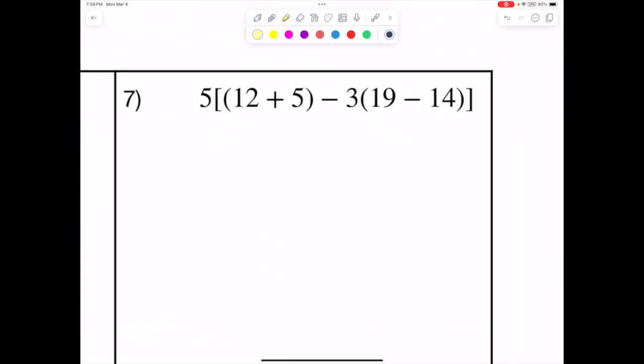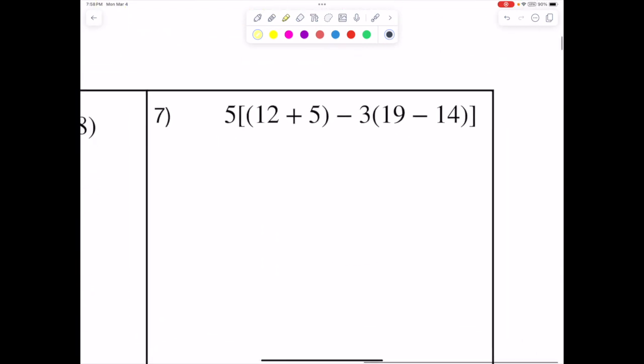All right, let's go ahead and take a look at number 7. We have lots of grouping here. Again, let's start off by writing the order of operations, which is GEMDAS. Okay, so is there any grouping to take care of? Absolutely. We have this grouping and this grouping that you can go ahead and take care of because they're separate. Okay, so let's go ahead and rewrite everything down below.